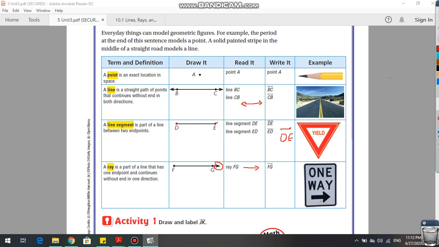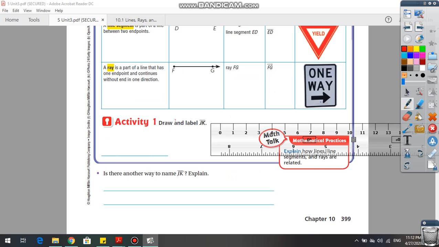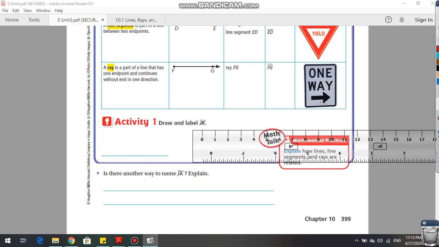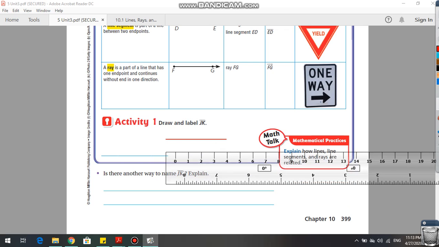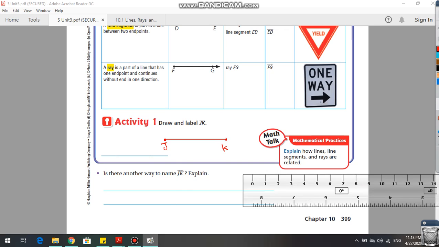Okay, guys, here in activity 1, he wants me to draw and label a line segment. He wants me to draw a line segment JK. So I'm going to grab my ruler and draw my line segment. I will put a starting point and an ending point. I'm going to write JK or KJ. Both of them are right.